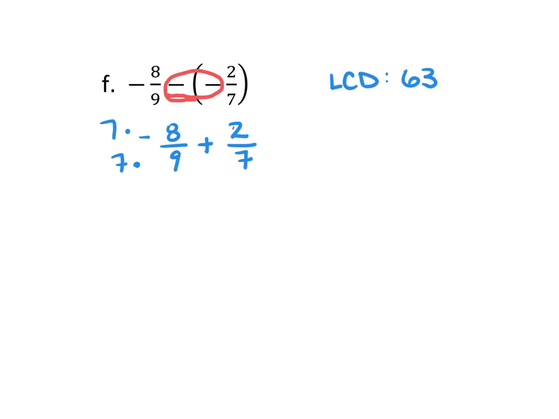Whatever we do to the bottom, we do to the top. We get 56 over 63. We do have a negative, and so we're going to keep the negative, plus. To get from 7 to 63, we want to multiply by 9. And if we multiply by 9, we get 18 over 63.